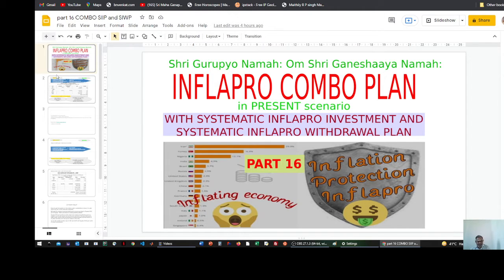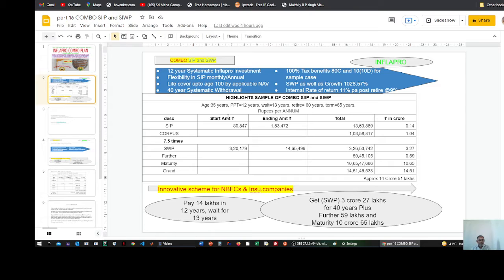In the last session, I discussed the plan of systematic investment as well as withdrawal plan on a particular note, that is at the rate of 6,500 rupees present value of the pension, we start investing.